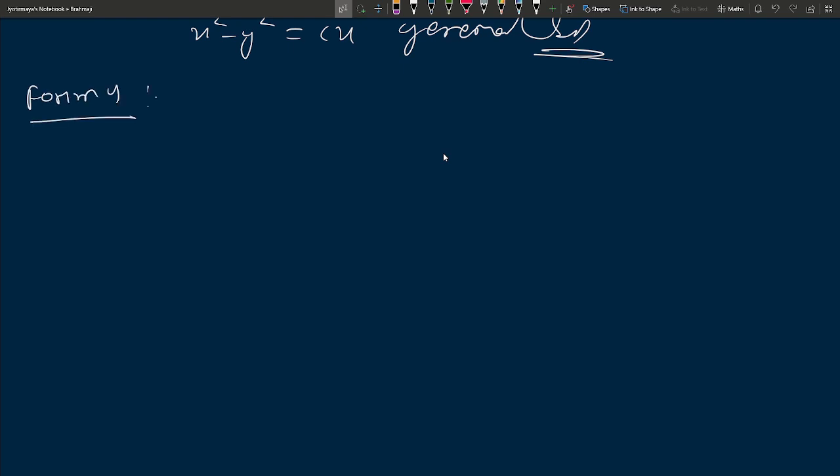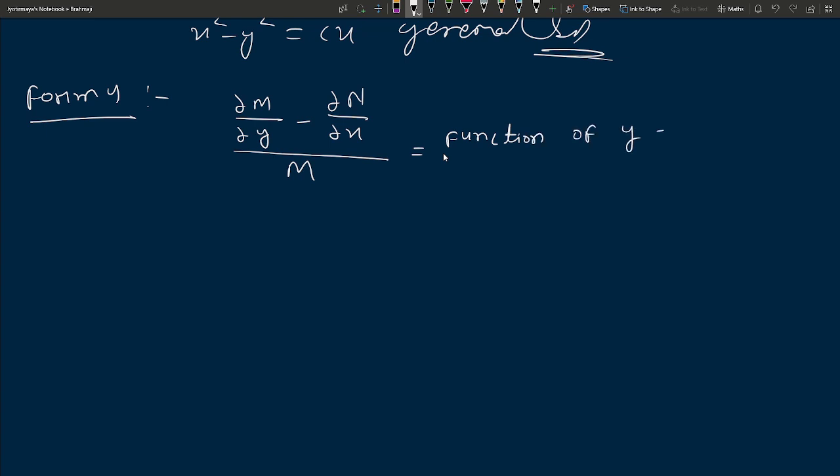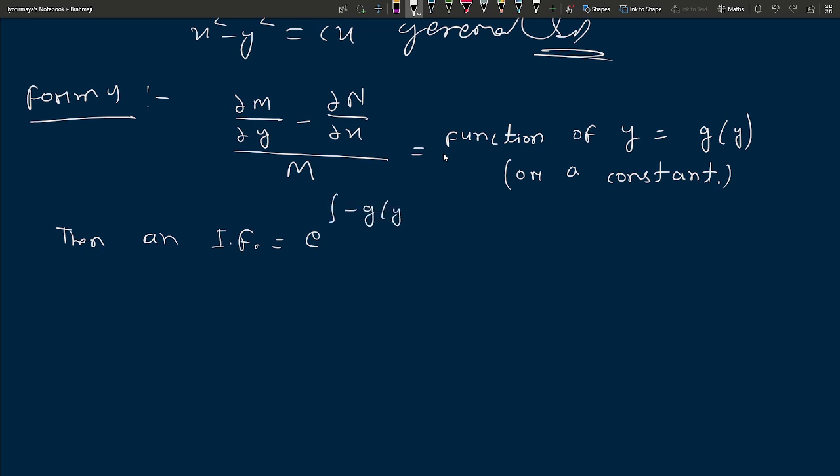Form 4: suppose (del m by del y minus del n by del x) divided by m is a function of y, say g(y), or a constant, then your integrating factor is e to the power integration of minus g(y) dy.